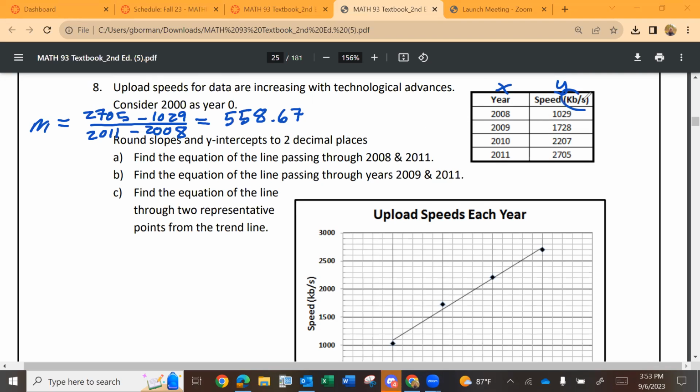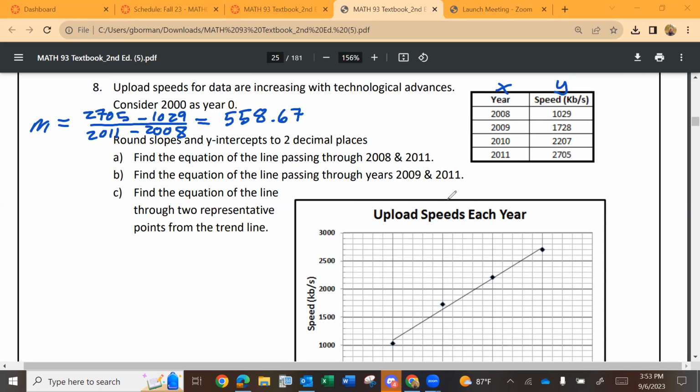So how are the kilobits per second increasing per year? Well, between 2008 and 2011, it was increasing by 558.67 on average. It'll be different each year, but during those 3 years, that was the average increase per year. That tells us how fast things are growing. The slope.